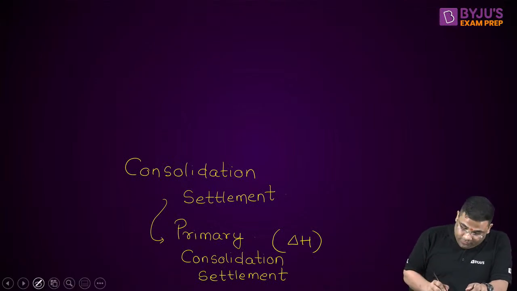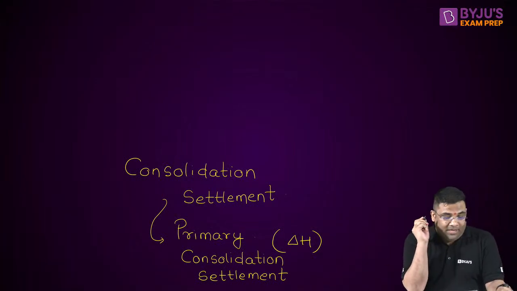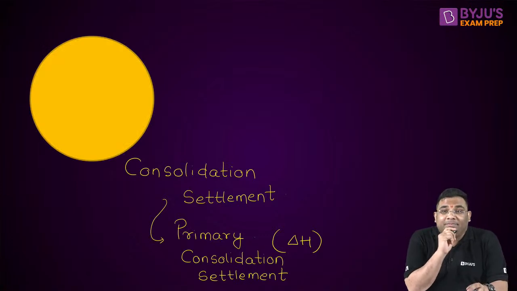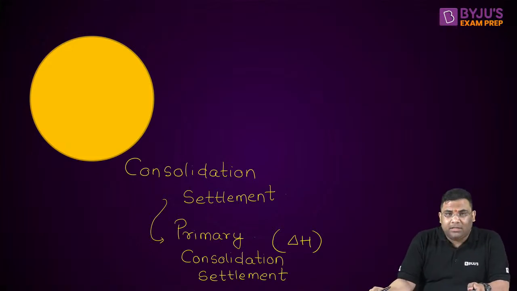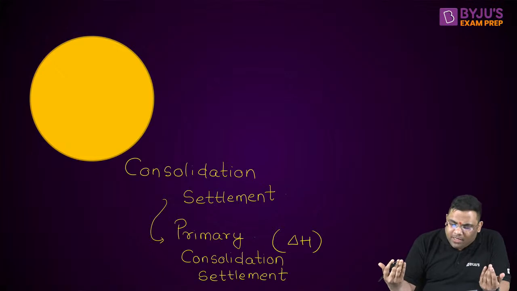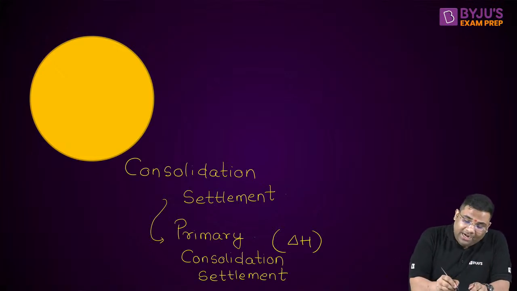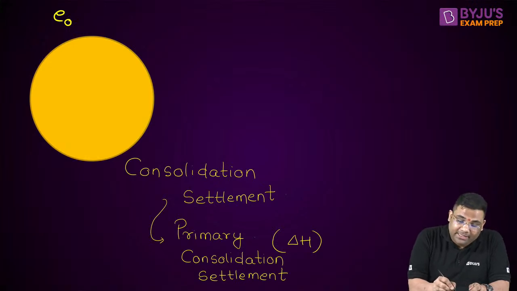So suppose we have a soil mass like this. Now this particular soil mass will have some void ratio, and that void ratio, suppose I'm calling that E naught. This is the initial void ratio.